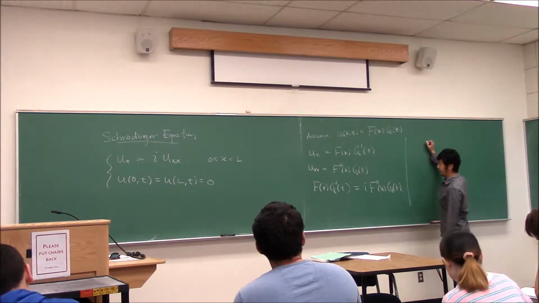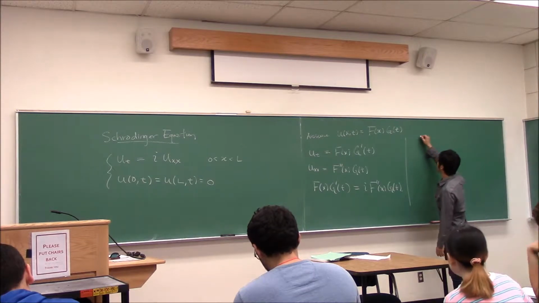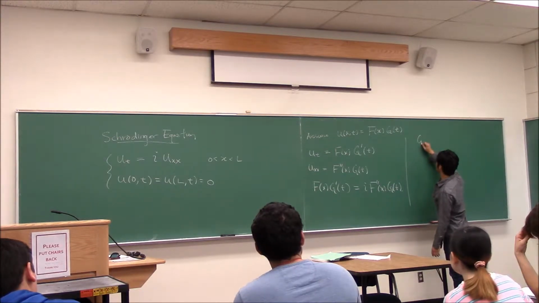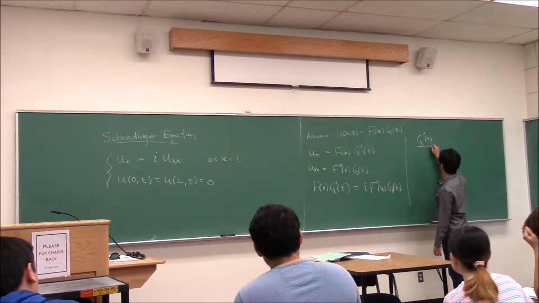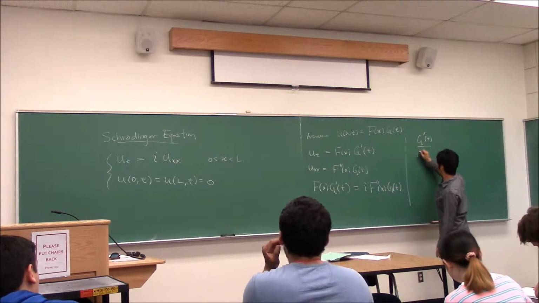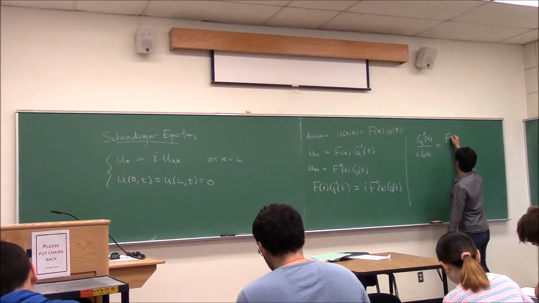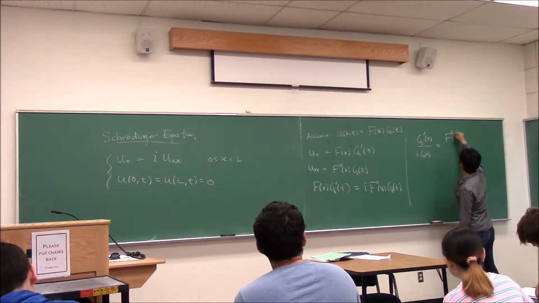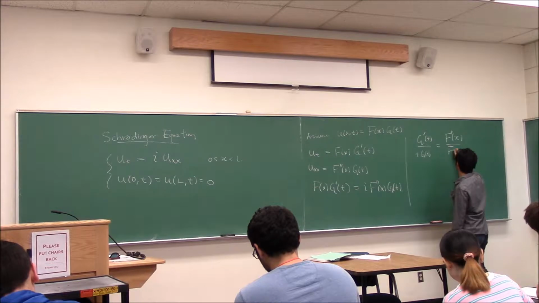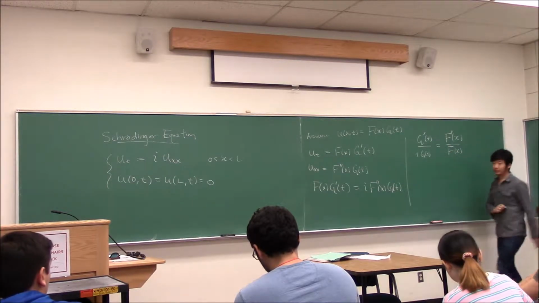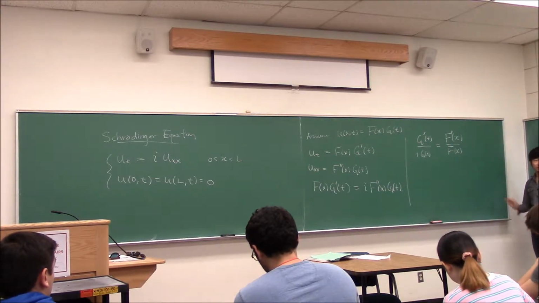So we have, well, let's also divide by i. So this is going to be g prime divided by i times g of t is equal to f double prime divided by f. Okay, so far so good?